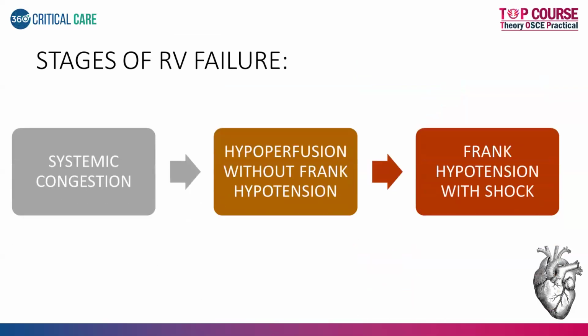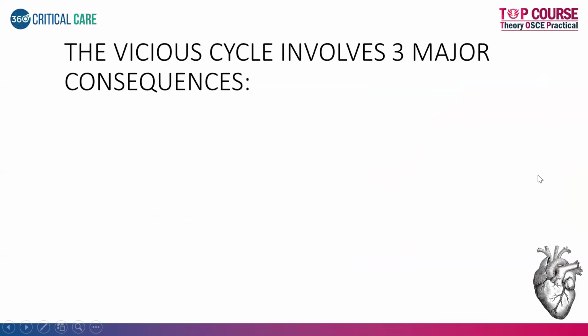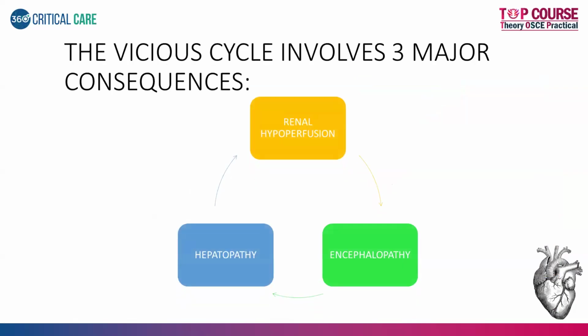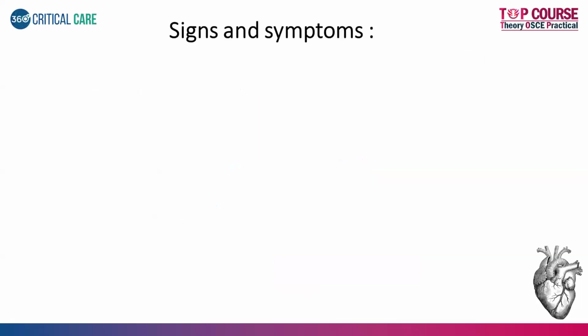The stages of RV failure include systemic congestion, then hypoperfusion without frank hypotension, but if it's not checked in these two stages, it can lead to a precipitous event which causes hypotension and shock. The vicious cycle usually involves three major systems: congestive hepatopathy, nephropathy, and encephalopathy. And usually it's because of either congestion or hypoperfusion, similar to what is seen in cardiogenic shock.